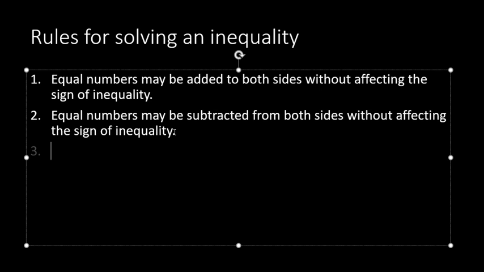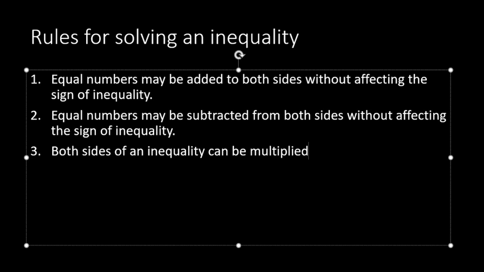And rule number 3: both sides of an inequality can be multiplied by the same positive number. But when both sides are multiplied by a negative number, there will be a change in the sign, that is, the inequality is reversed.